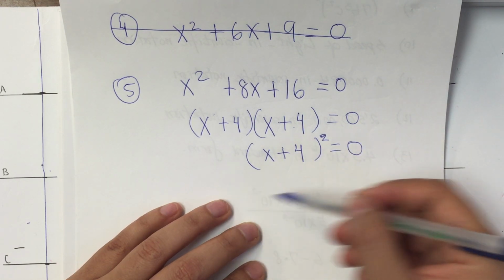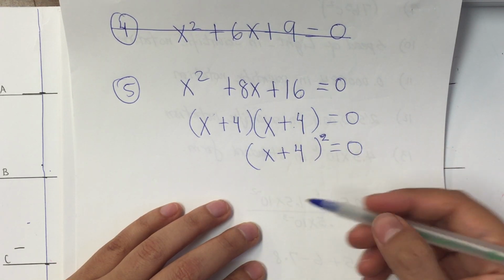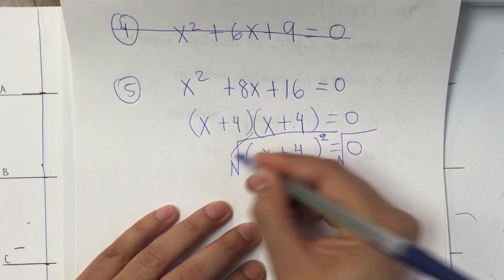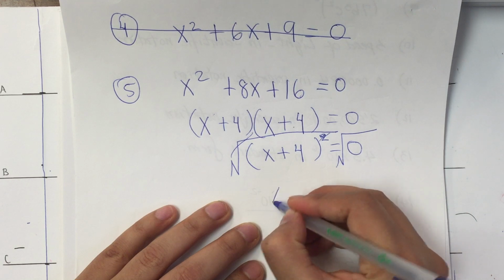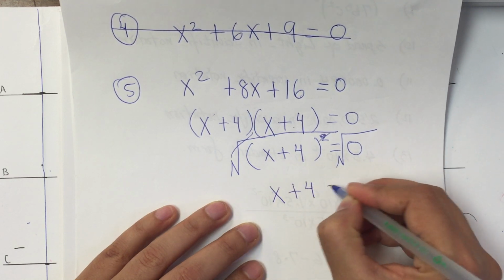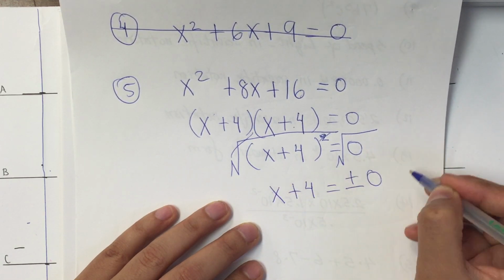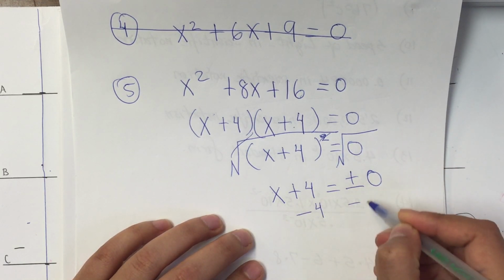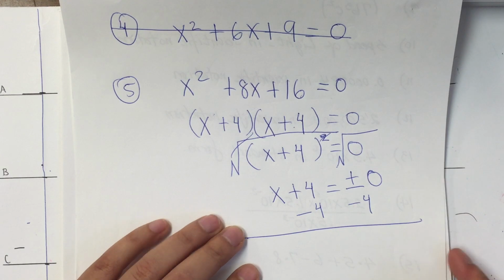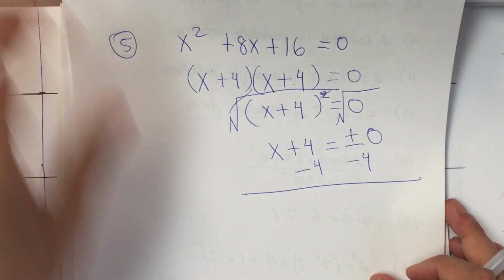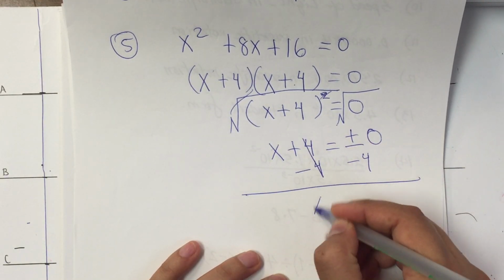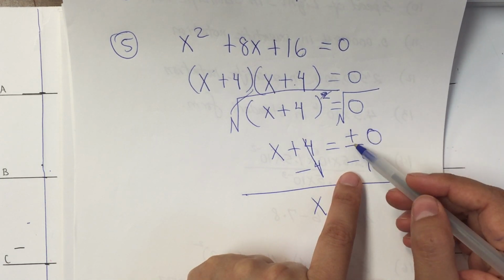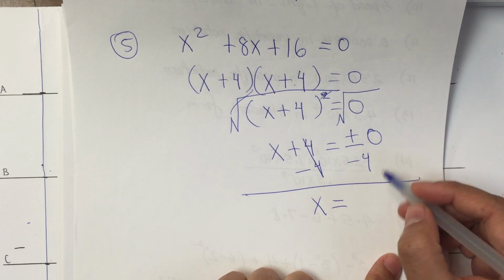How do we solve this now? Just like with the first two examples and previous lessons, we take the square root of both sides. x plus 4 is equal to plus minus 0. And we subtract 4 from both sides. This cancels, and x is equal to, again, if we're adding and subtracting 0, we're just going to get one answer.